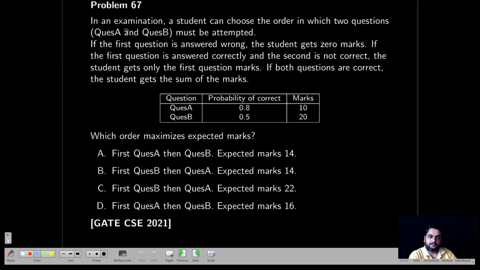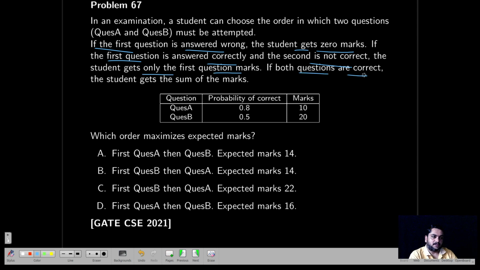Next. In an examination, a student can choose the order in which two questions, question A and question B, must be attempted. What is the condition they are saying? Two questions you have to attempt, A and B. If the first question is answered wrong, the student gets 0 marks. If the first question is answered correctly and the second is not correct, the student gets only the first question's marks.